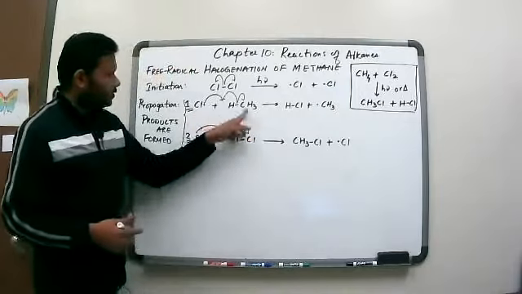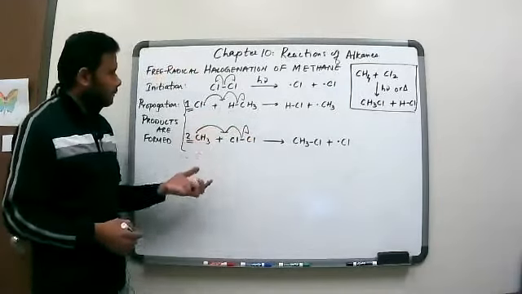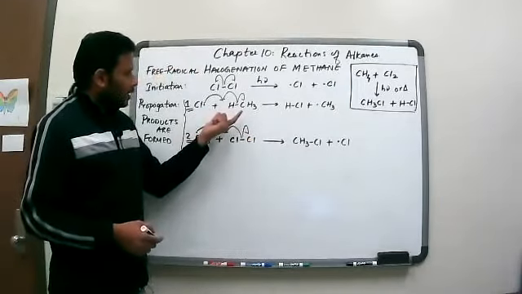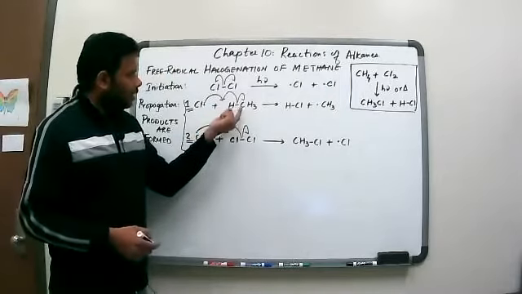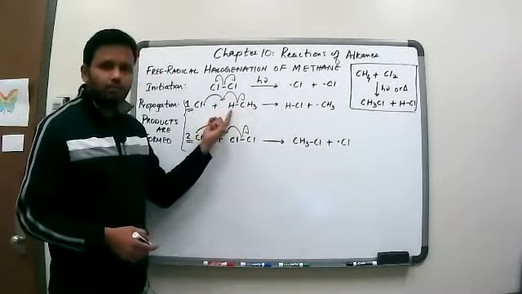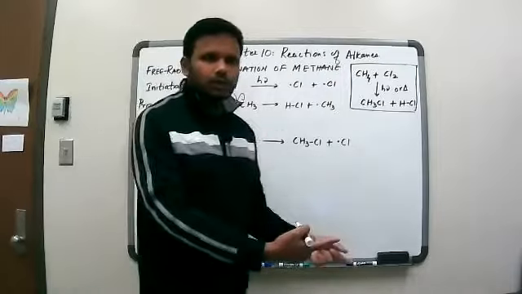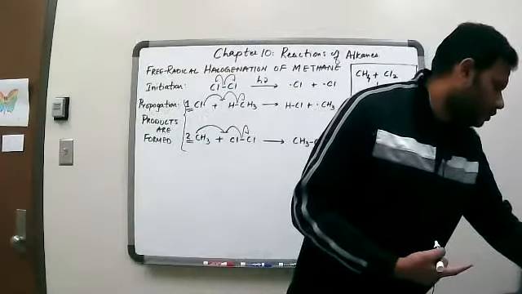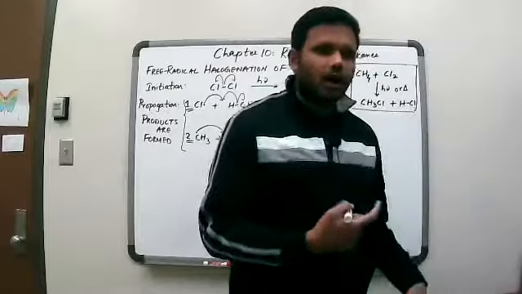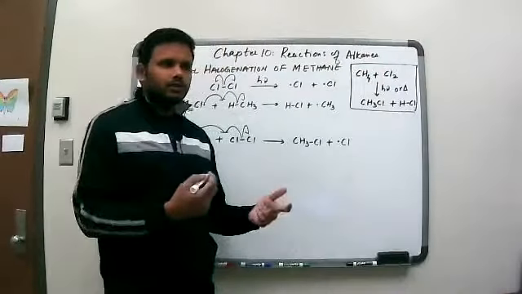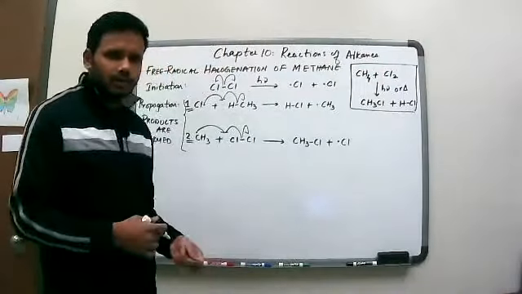So if I look at the first propagation step, I'm breaking a methyl hydrogen bond. I can go to the table and look for what the bond dissociation enthalpy is for that.